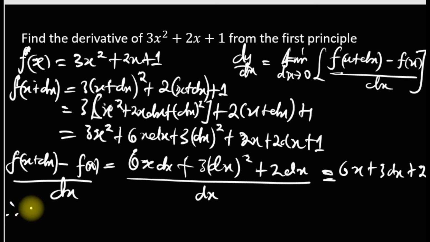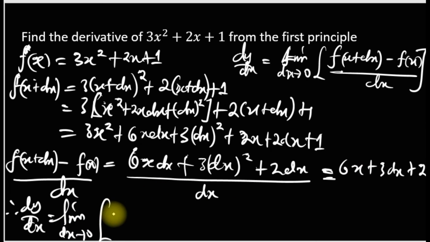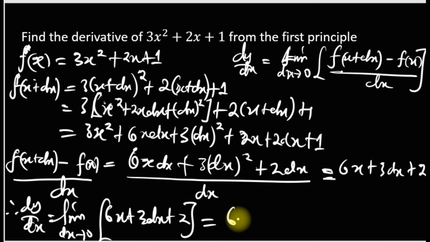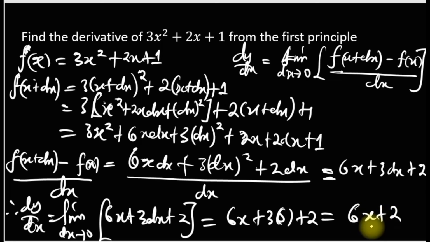Therefore, what we are looking for, which is our dy dx, is now the limit of dx tends to 0 of 6x plus 3 dx plus 2. Substituting, this is 6x plus 3 times 0 plus 2. The answer is 6x plus 2. So that's the answer.